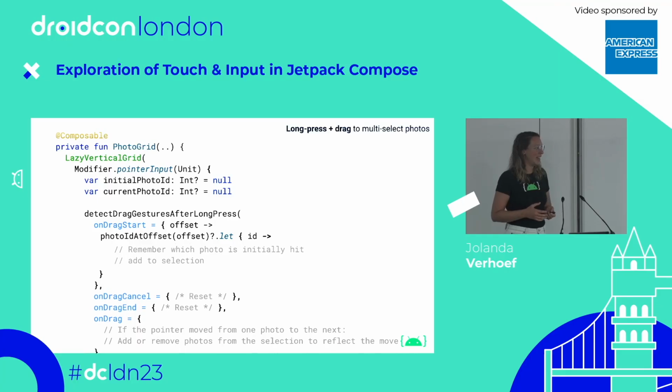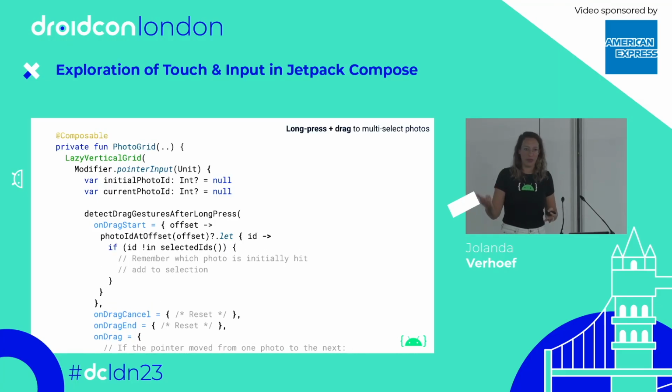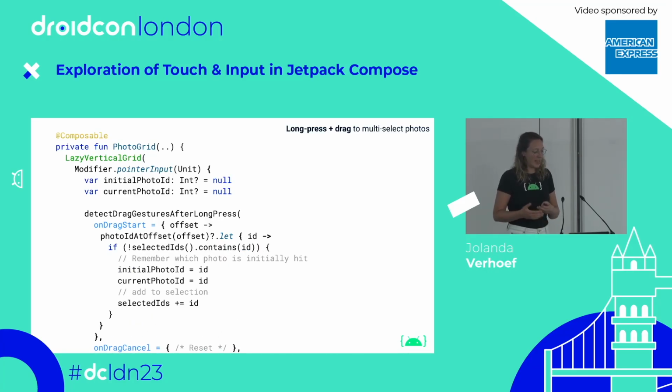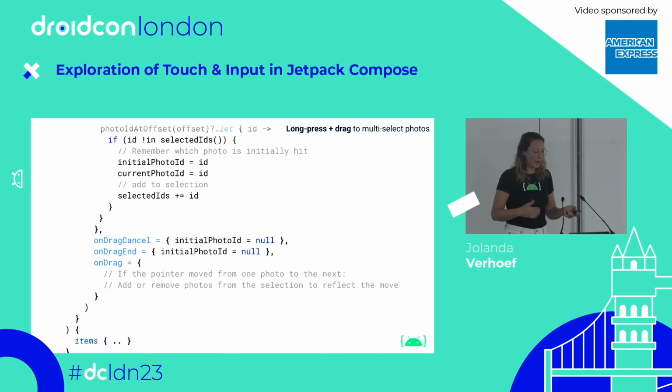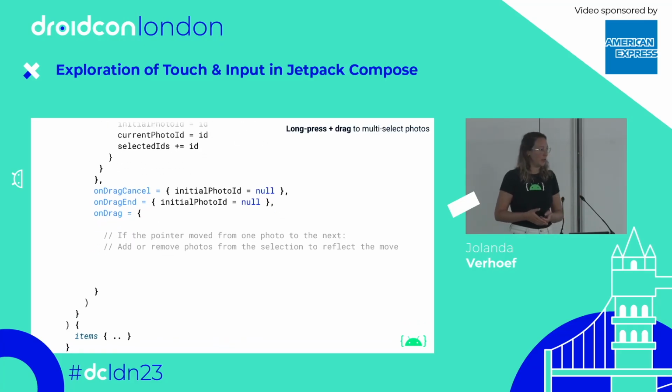In the end, it does work. It's 3 lines of code, but there's a lot of XY parameters going on. If the photo was indeed hit, we check if it wasn't in the selection, and we save it as the initial and current photo ID and add it to our selection. Now in on-drag cancel and on-drag end, we reset the initial photo ID to null.